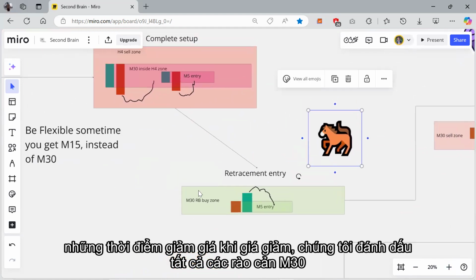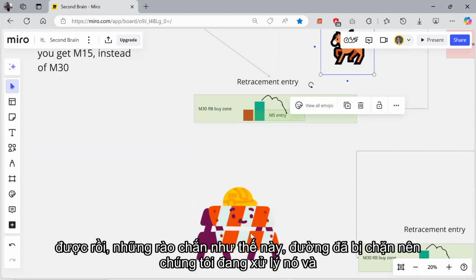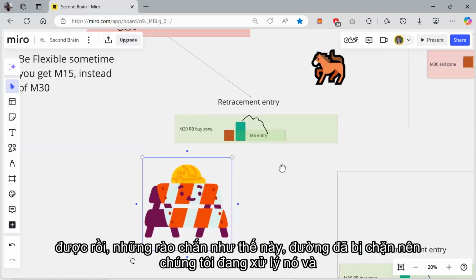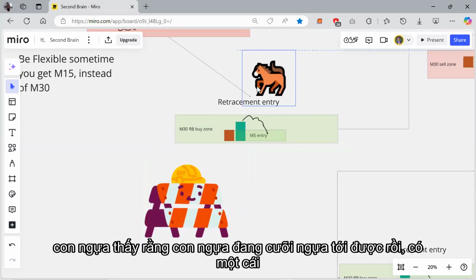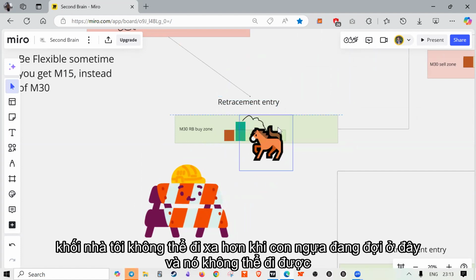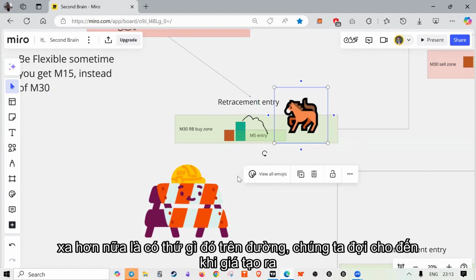When the price is falling, we mark all the M30 roadblocks. Okay, so roadblocks like this, the road is blocked. They are working on it, and the horse sees that it is coming, and the horse sees, okay, there is a block. I cannot go much farther. When the horse is waiting here and he cannot go much farther, there is something on the road.